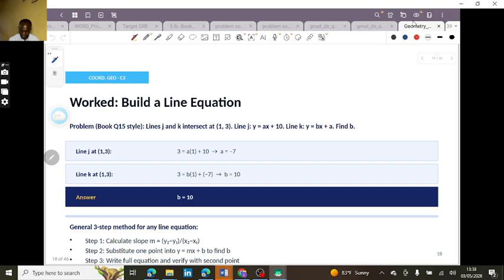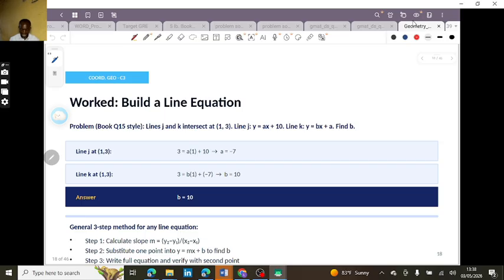If two lines intersect, then they are equal at that particular point. So if you have this, what we'll do is to equate it. Because it said the lines J and K intersect at 1 and 3. So that is the point of intersection.